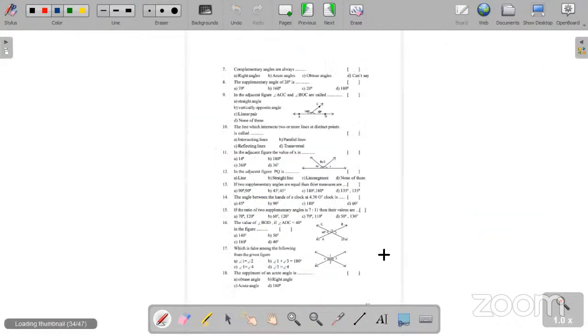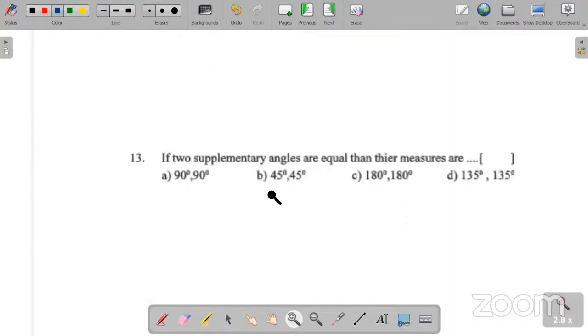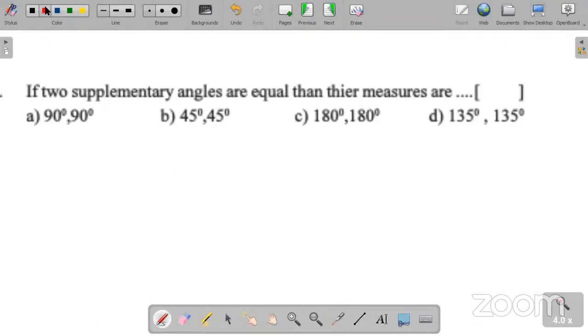Okay, let us move to one more concept-based question. Try to understand this question. If two supplementary angles are equal, this is actually the stem of the question. This is a very important point in the stem.